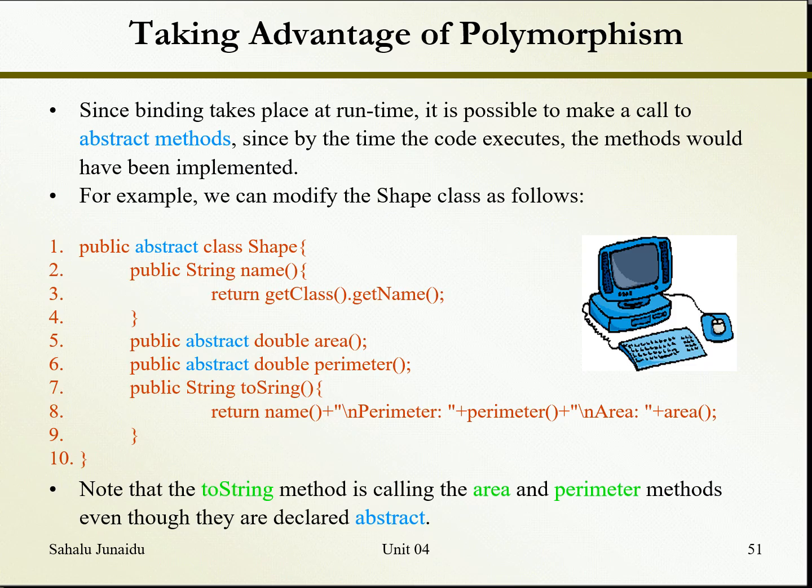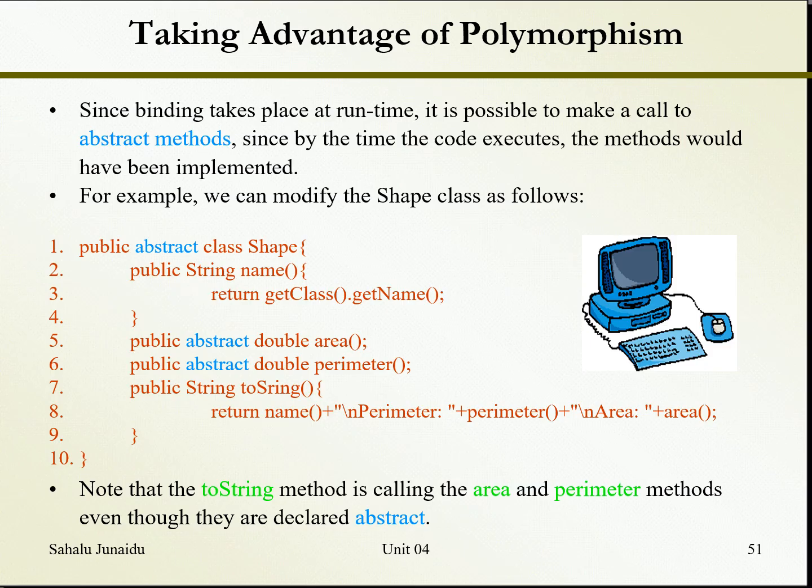Similarly, in the shape class, where we have the area and perimeter, and this is exactly what I did last time, I have the area and perimeter in the shape class, and they are all abstract. And we have a toString method, which returns the perimeter and the area. The perimeter and area of the shape we don't know until we go to that specific shape, being a circle or rectangle or square or whatever.